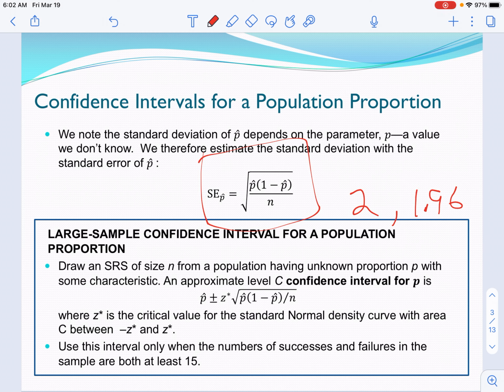We need more to it. So usually a good rule of thumb is that we need to have at least 15 successes and failures. So if you were to have a pure 50-50 split, that would mean that the minimum sample size for this would be 30. So keep that in mind as you're going through these procedures.